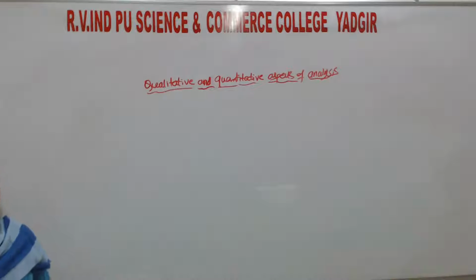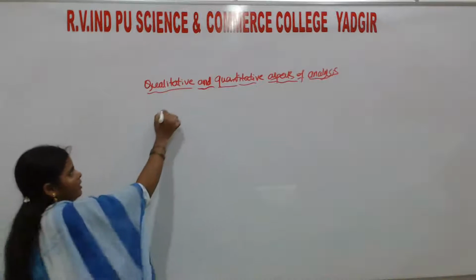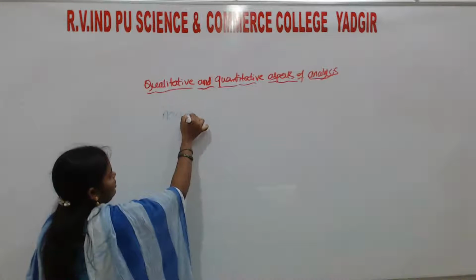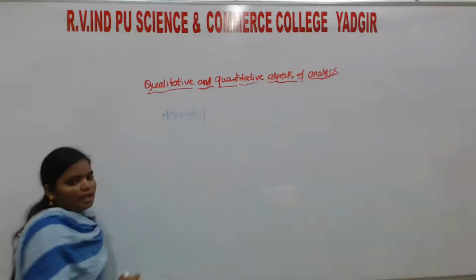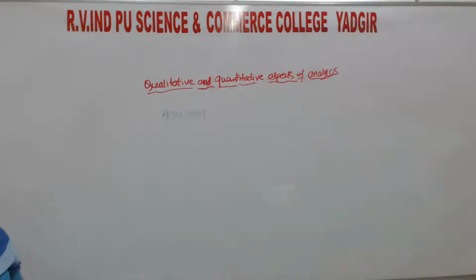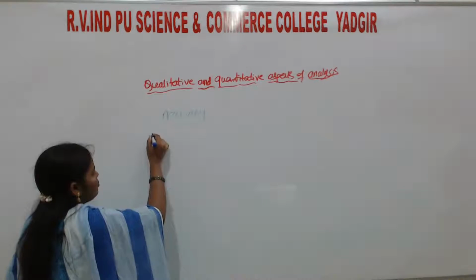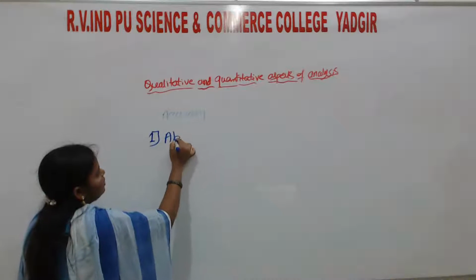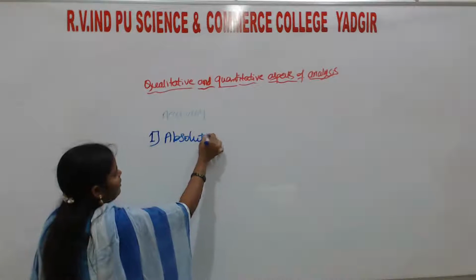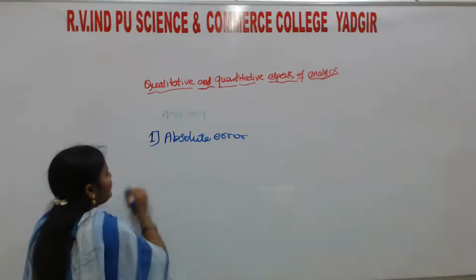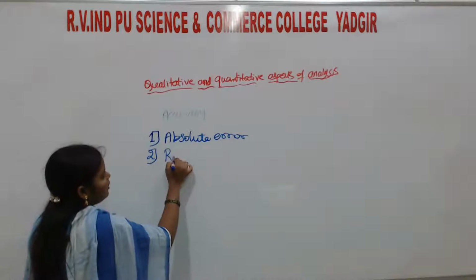In accuracy, there are two types. It can be expressed in two terms: one is absolute error, and the second is relative error.